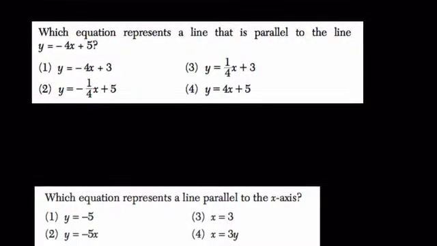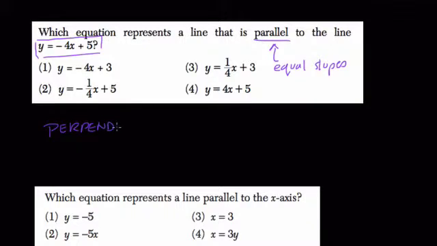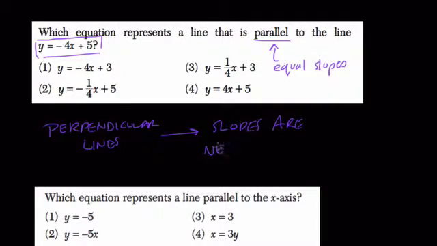Okay, we keep going. Which equation represents a line that is parallel to this line? Well, parallel lines have equal slopes. Perpendicular lines are different. Perpendicular lines are not equal in slope. For perpendicular lines, the slopes are negative reciprocals. And that just means when you multiply the two slopes, the product is negative 1.